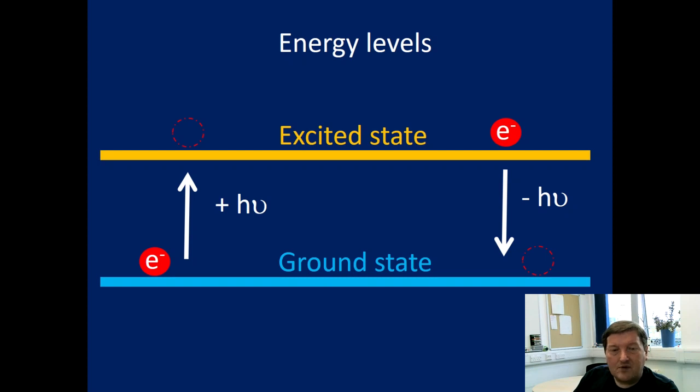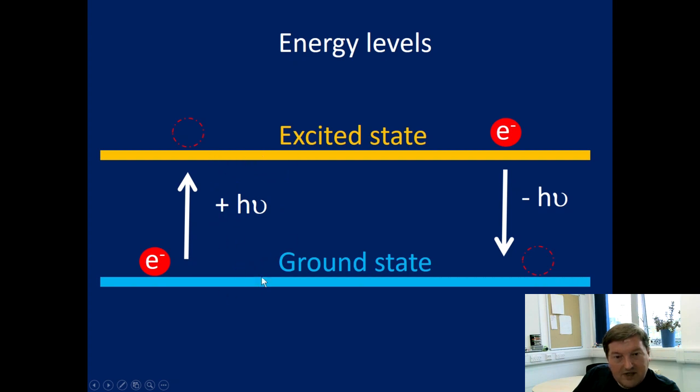Again, we'll talk about energy levels in more detail shortly. But an electron can be excited to a higher energy level, a higher energy state, by receiving energy of a particular characteristic value such that E equals h nu.